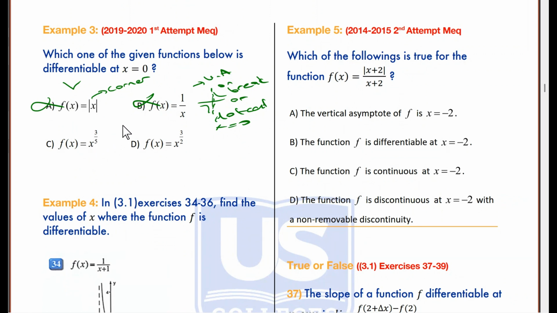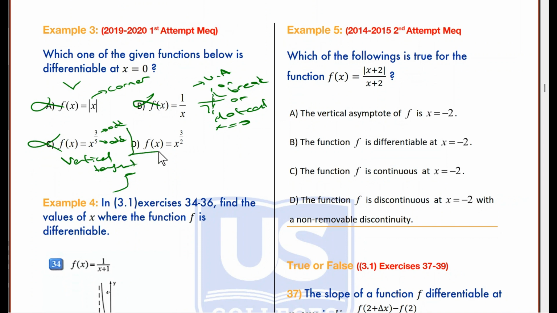X to the power of 3 over 5. Is that one of the situations that we mentioned above? 3 is an odd number, 5 is an odd number, top is less than bottom, so this is the vertical tangent situation. This graph is something like that. So even though it's continuous, it's not differentiable either.